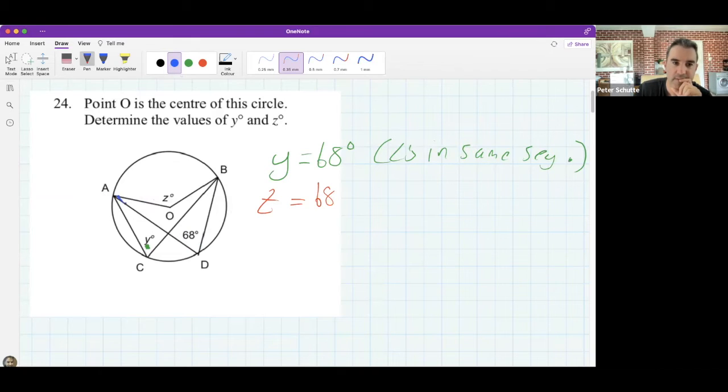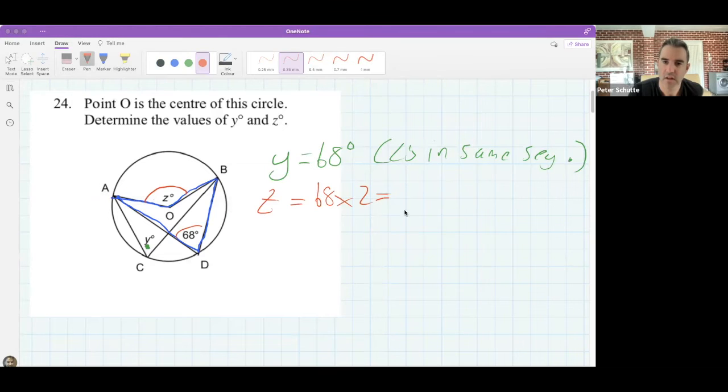Aha. Okay. Almost. Can you see this arrowhead here? I think that this angle over here is twice the size of 68. So it's going to be 68 times 2. Can you get me the answer on that one? Okay, 68 times 2.